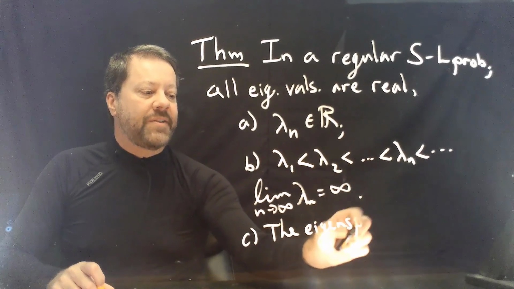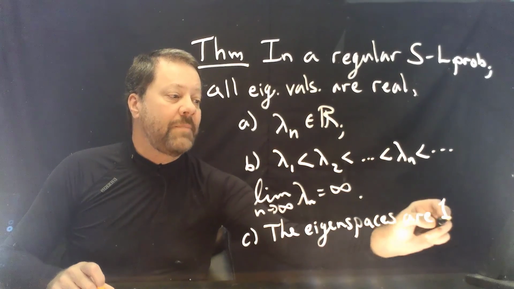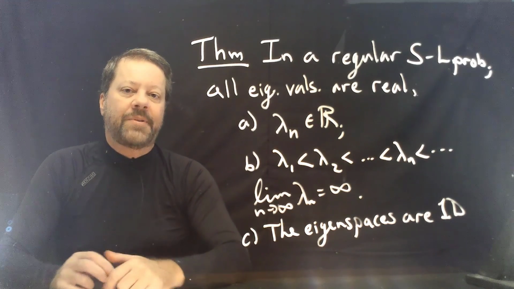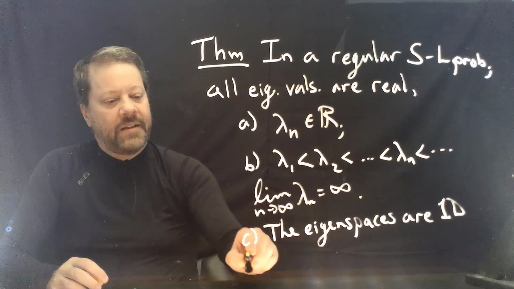The eigenspaces are one-dimensional, so there will be a single function that represents all of the eigenfunctions in a particular eigenspace.